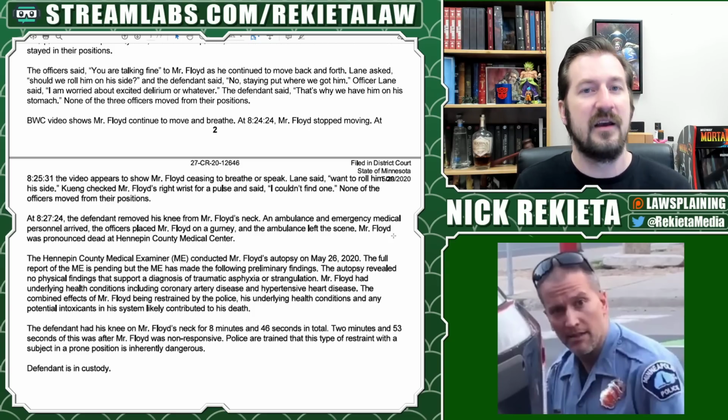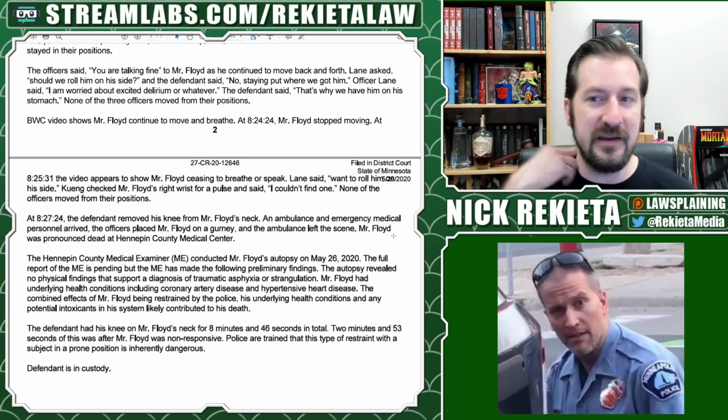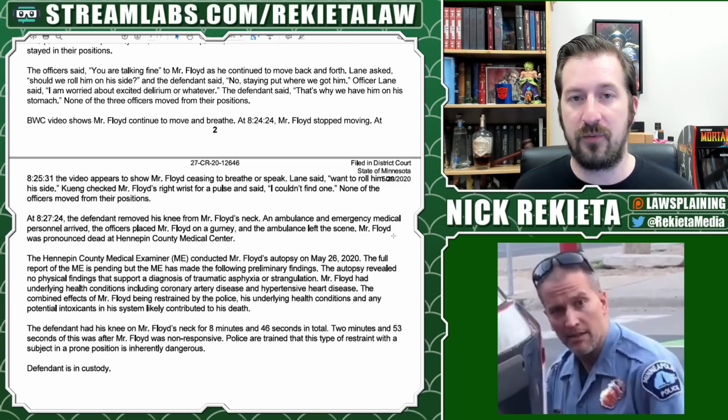Does that make sense? I hope so. Placing a knee on someone's neck is the primary factor if it triggers these secondary effects. That doesn't make it not a murder, okay?